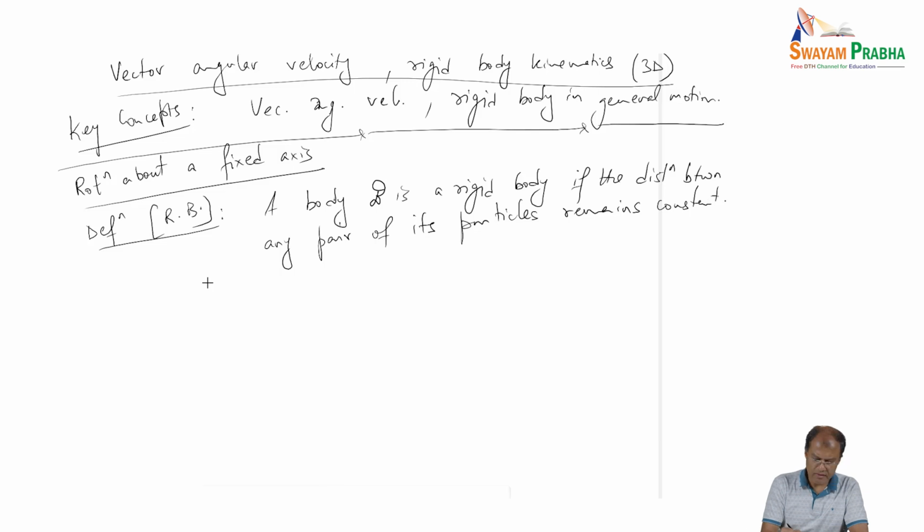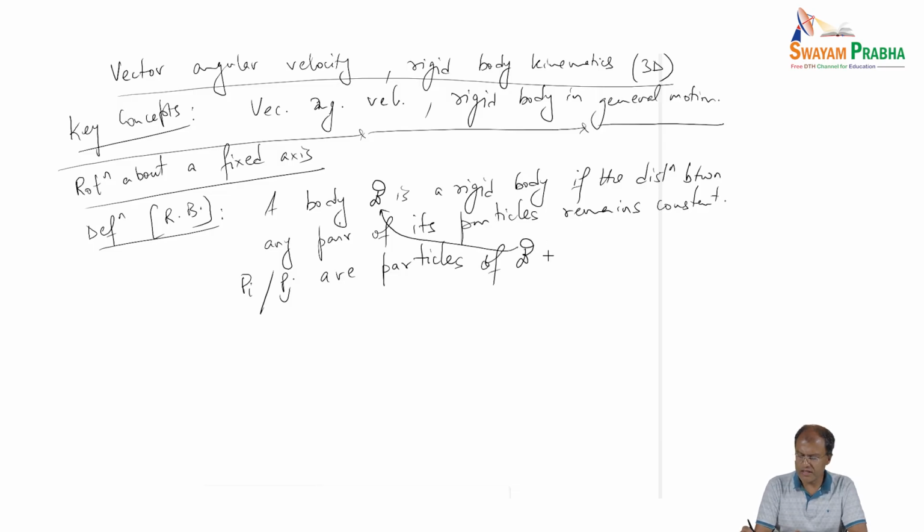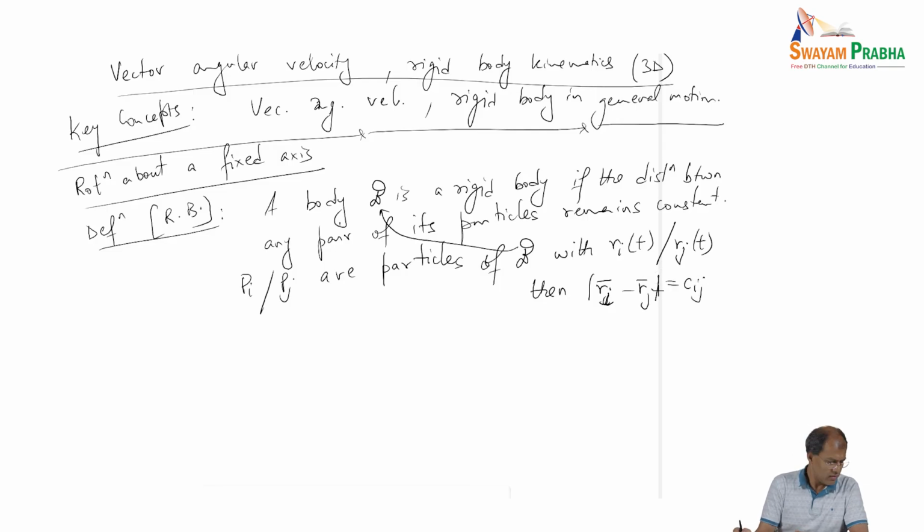That is, if we have two particles Pi and Pj, particles of the body B, with position vectors Ri of T and Rj of T, then these position vectors are fixed relative to each other, that is, Ri minus Rj is constant.